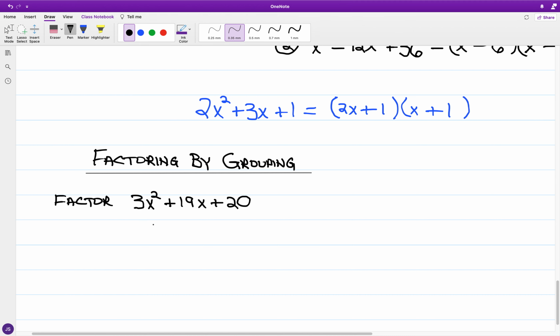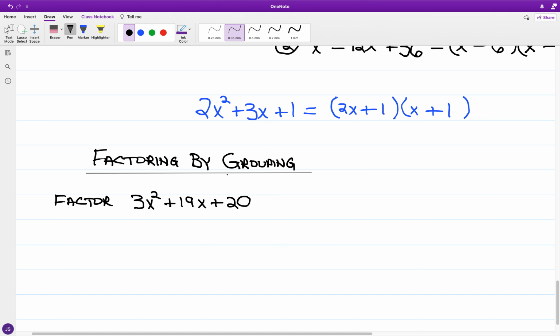But the challenging situation will come from 20, because there are all kinds of potential combinations: 20 might factor out to 20 and 1, 10 and 2, 5 and 4, or 4 and 5, 2 and 10, 1 and 20. The combination should be such that once you multiply out the factors, the sum of the outside and the inside products must be 19x.